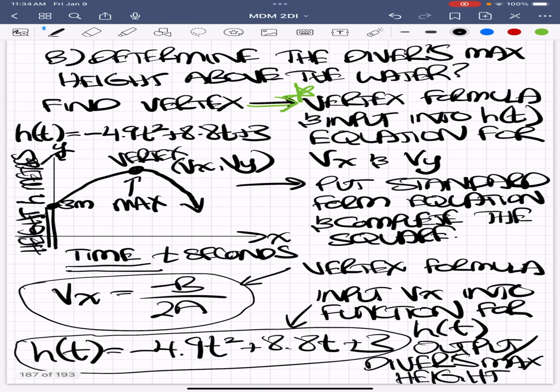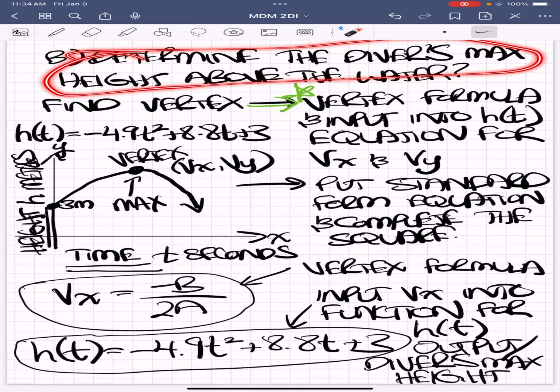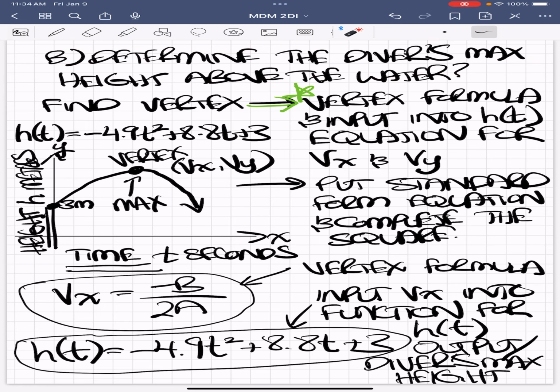So our next question is determine the diver's max height above the water. So we can do this in two ways. So we need to find the vertex. So you can use the vertex formula, aka this formula right here, and input into the h of t equation for the x-coordinate of the vertex and the y-coordinate of the vertex.